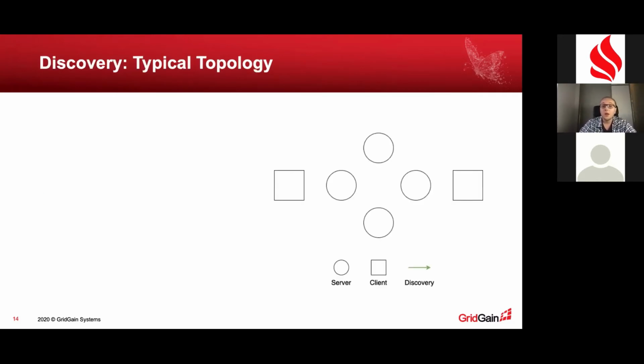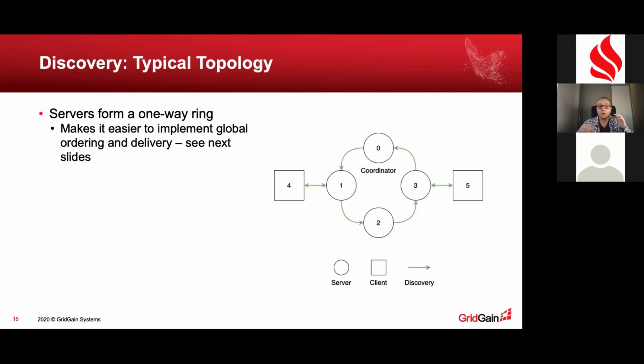So this one single protocol does all these three things, and let's look at how exactly it does that. First, let's talk a bit about what the discovery topology looks like, how the nodes are connected in the view of this discovery protocol. In this protocol, we don't have peer-to-peer connections anymore. The core is the one-way ring which connects all of the servers.